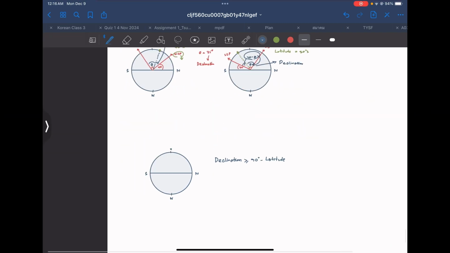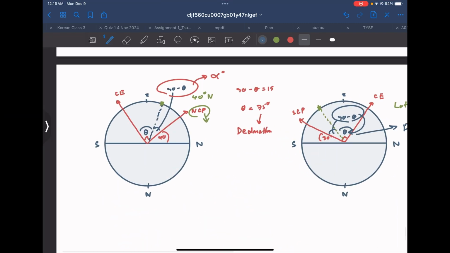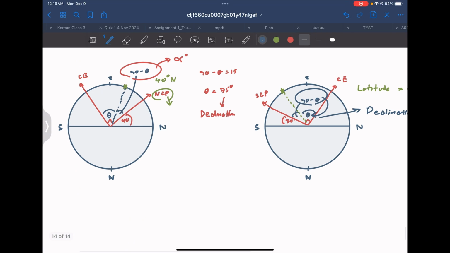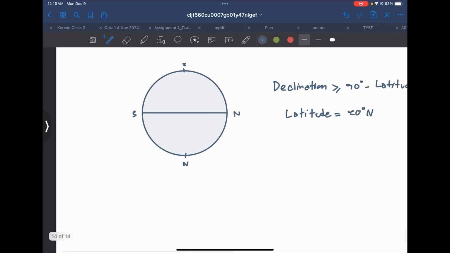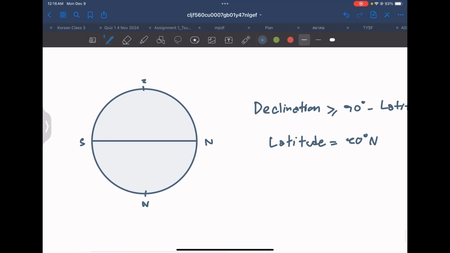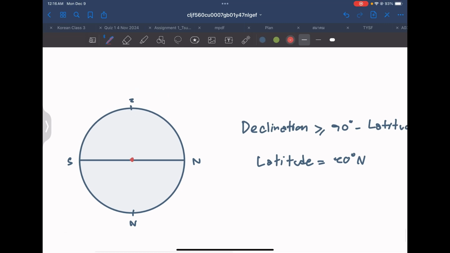For example, like the earlier example, if the latitude is 40 degrees north, this is the NCP, right?